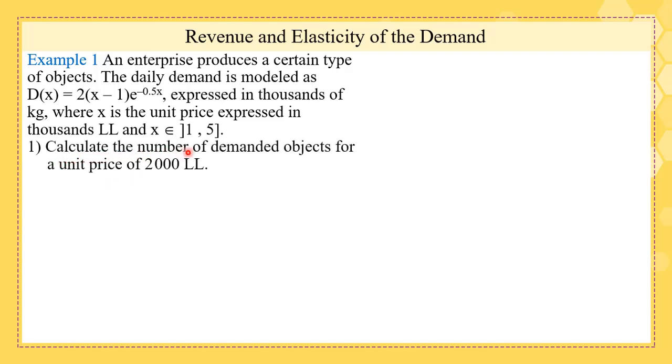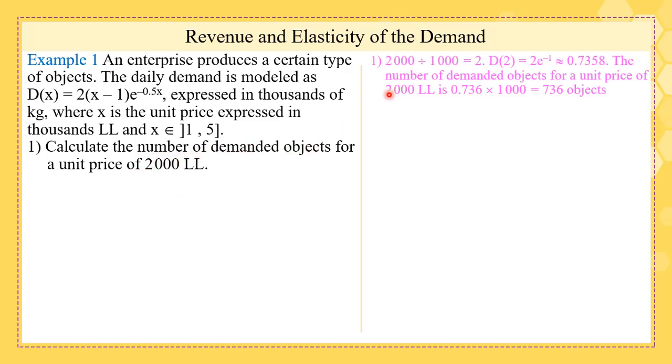Part 1. Calculate the number of demanded objects for a unit price of 2000 Lebanese Lira. In this part, we know x, and we need to find D of x. So x equals 2000 divided by 1000. We get 2.